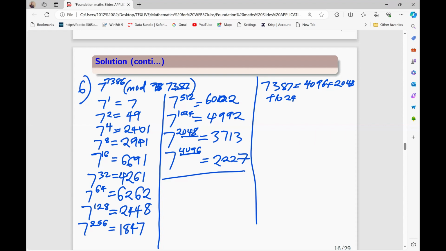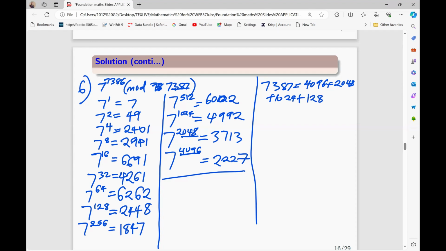Then let's try adding. If we add 512, we're going to exceed it. So we add a lower number, probably let's try 256. 256 is going to exceed it. 128. Yes, let's add 128.